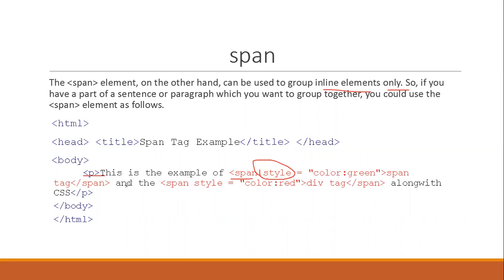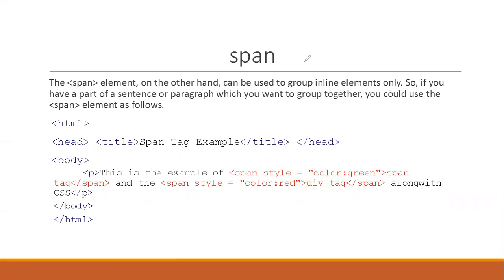We want to give style to this element. So it gives the green color to this line, then the span tag is closed here, and the span tag opens again, and here the color is red.